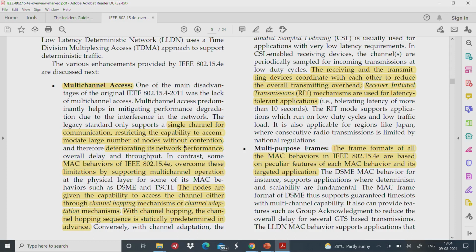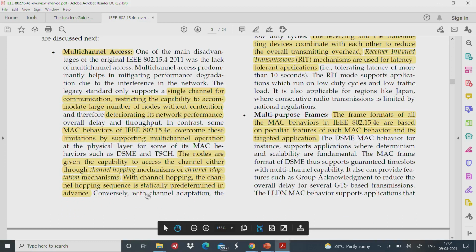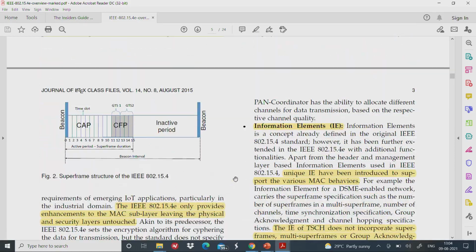That is a very restrictive thing. So, therefore, you must find a way to sort of exploit the remaining channels as well, right, and 15.4e does exactly this. It does channel hopping, and it does channel adaptation mechanism, so that it can battle interference, it can battle fading on the wireless channel and provide you very good connectivity. So, you can see already it is moving in the direction of being reliable.